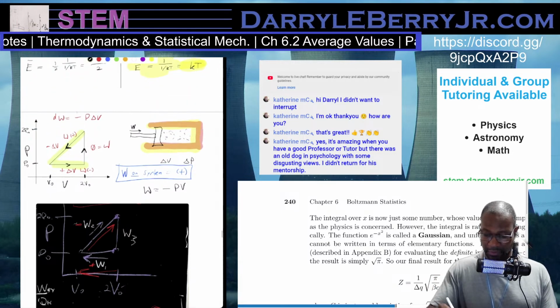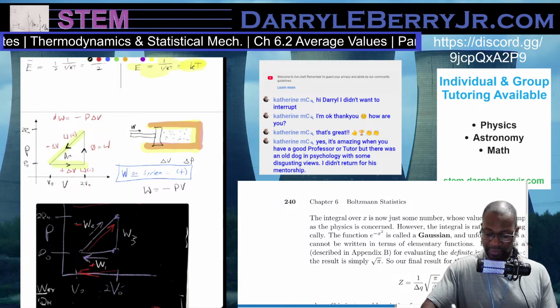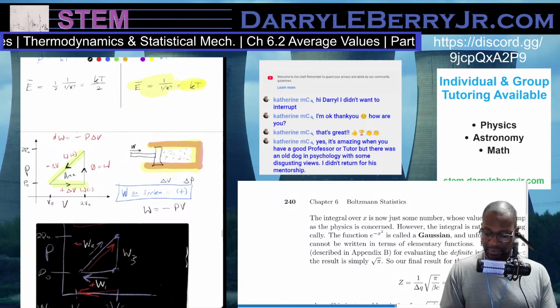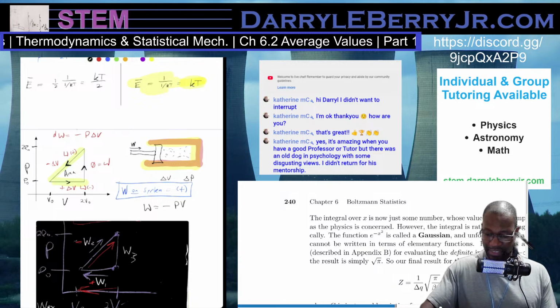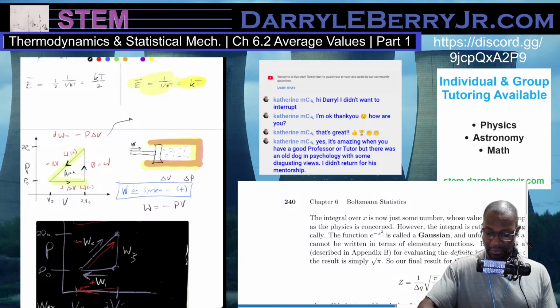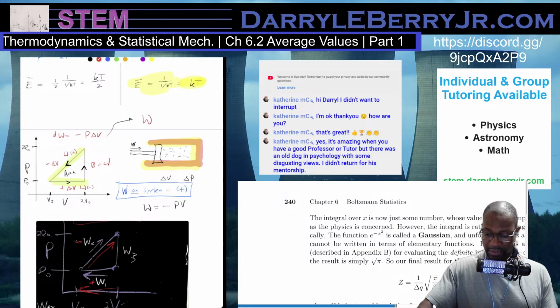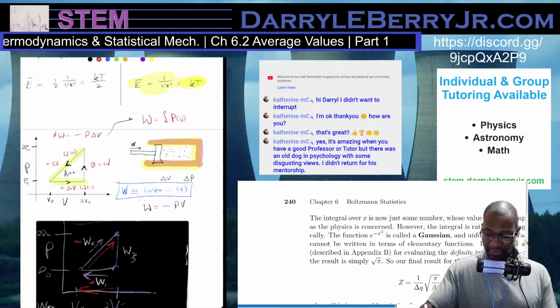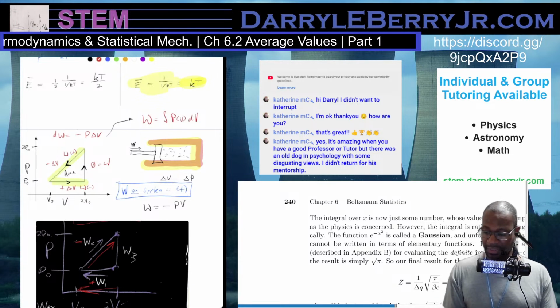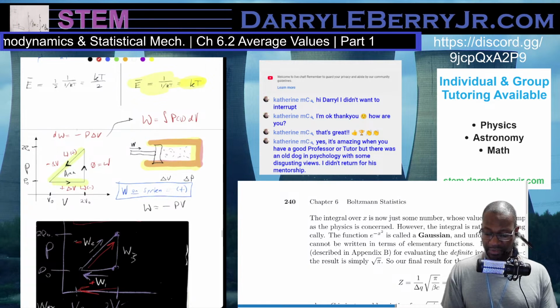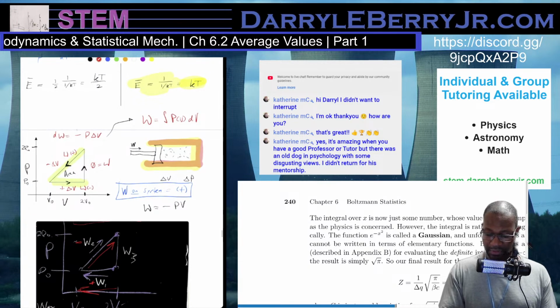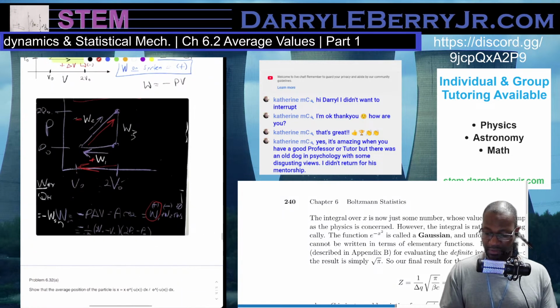And the work is also equivalent to the area here. So basically similar to the problem I did earlier, I could turn this into an integral and say work equals the integral of the pressure as a function of volume dV, and thus the area under this curve is work, and this is the bottom of the curve there.